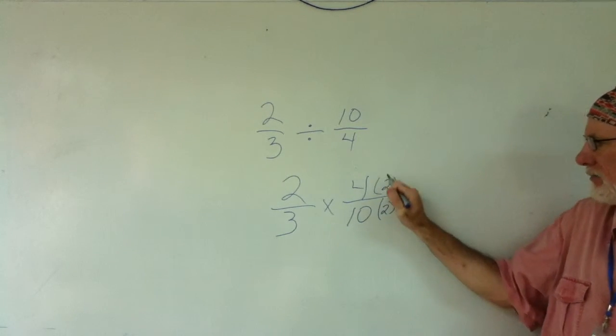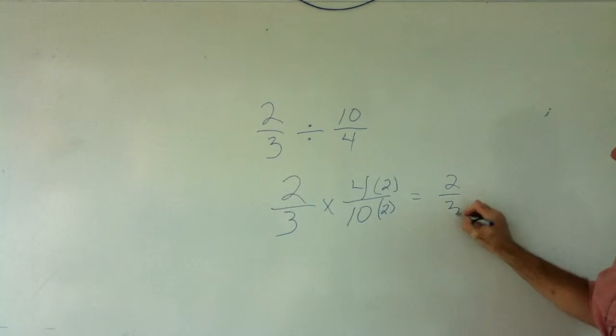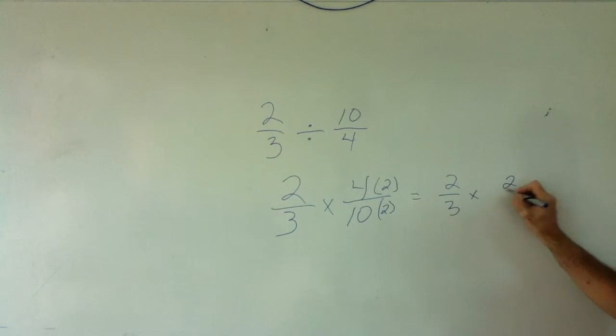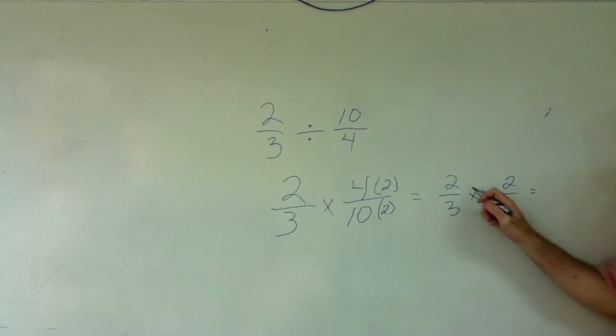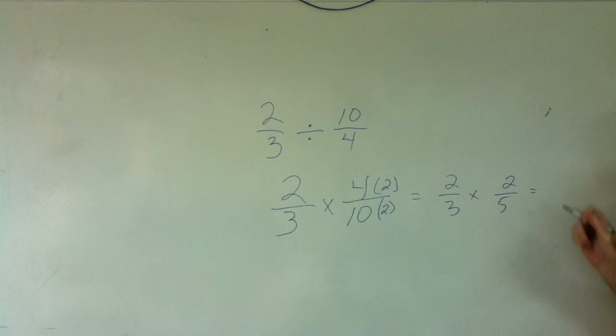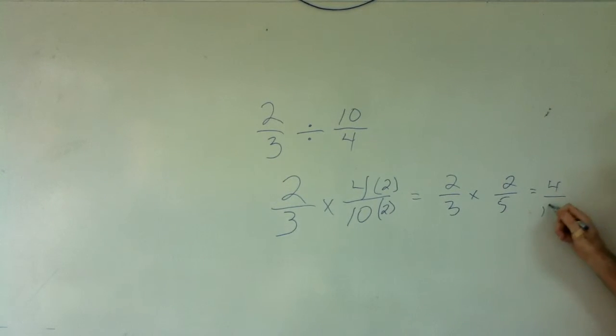So you're going to rewrite this as 2 over 3 times 2 over 5, aren't you? Correct? Now, what is 2 times 2? 4. Good. And what is 3 times 5? 15. Yes or no? Are you with me?